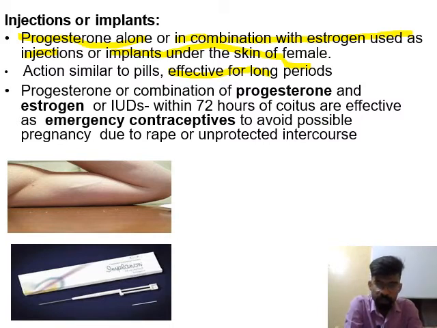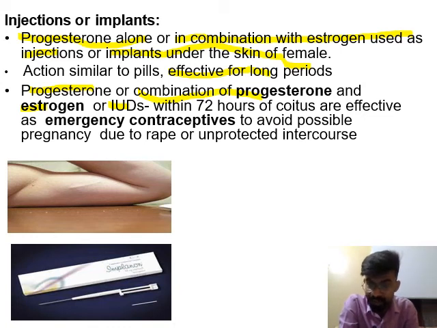Next, progesterone or a combination of progesterone and estrogens, or IUDs, within 72 hours of coitus. When the combination of these chemicals is taken in the form of tablets or pills within 72 hours, it is known as emergency contraceptive.